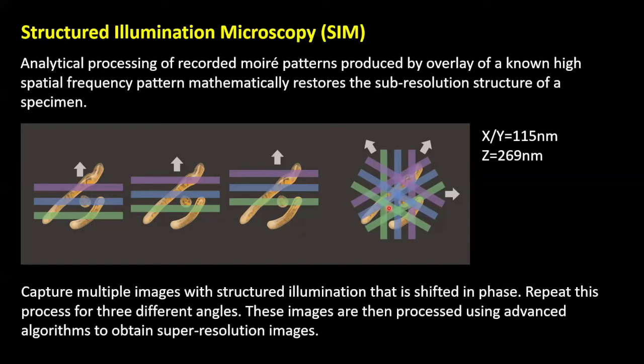With that frequency information, we can reconstruct the image with a much higher resolution. Basically, from the spatial frequency you get a higher resolution. The resolution for X and Y can reach 115 nanometers, and Z is about 270 nanometers.